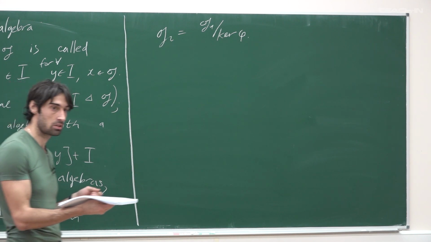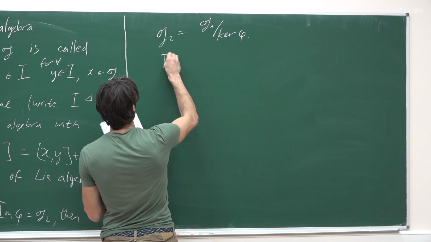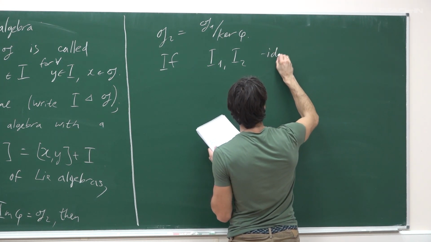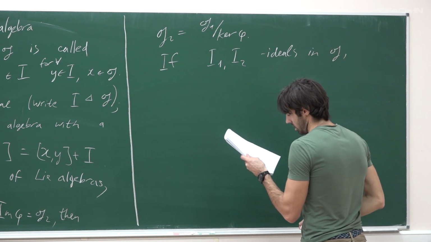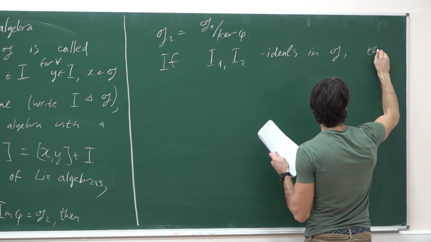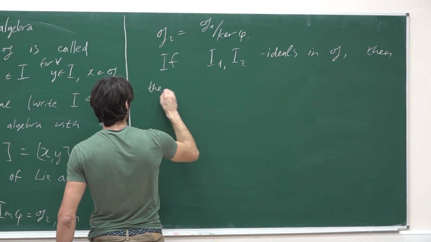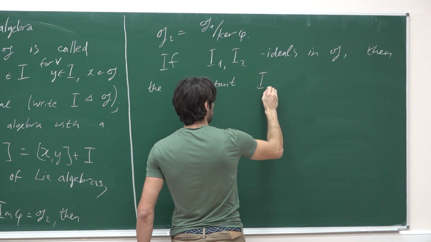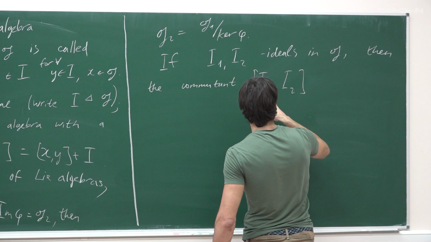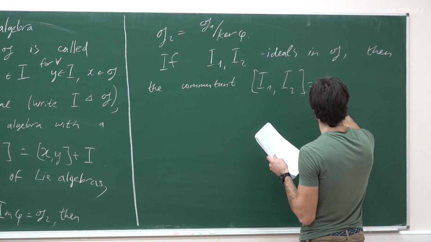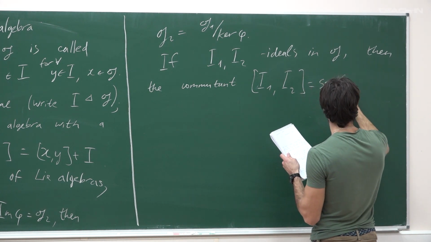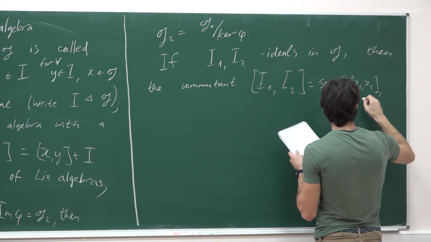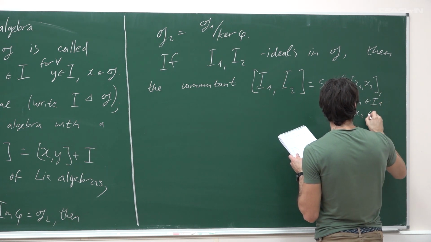Okay, so the next notion is the commutant of two ideals. If I have two ideals I1 and I2, then the commutant of I1 and I2 is by definition the linear span of all brackets of x1 and x2, where x1 belongs to I1 and x2 belongs to I2.